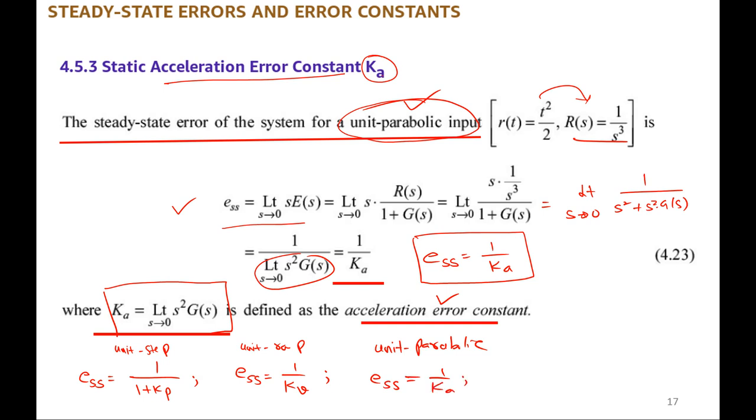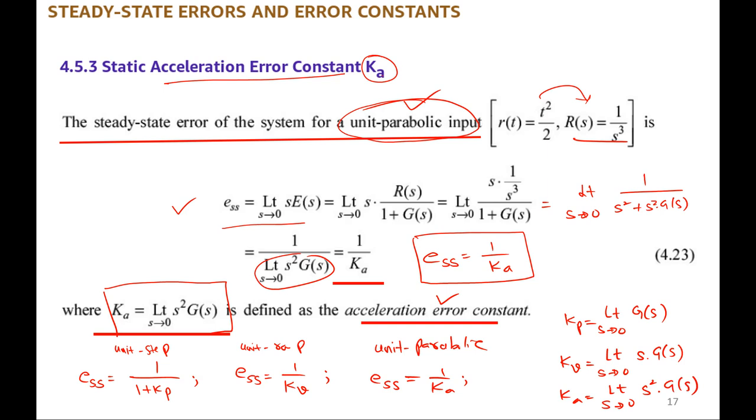Then what are Kp, Kv, Ka? Just I will list them out here. Observe: Kp, Kv, Ka. Limit s tending towards 0 is common for all. Here it is g of s. For Kv it is s into g of s. For the acceleration constant it is s square into g of s.